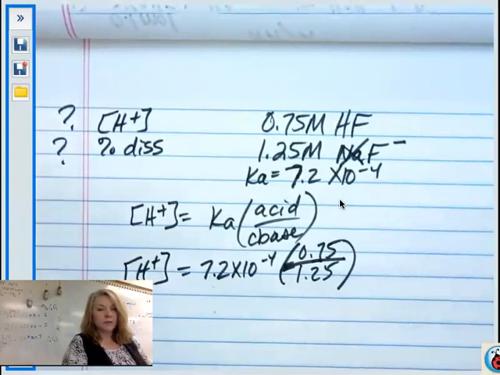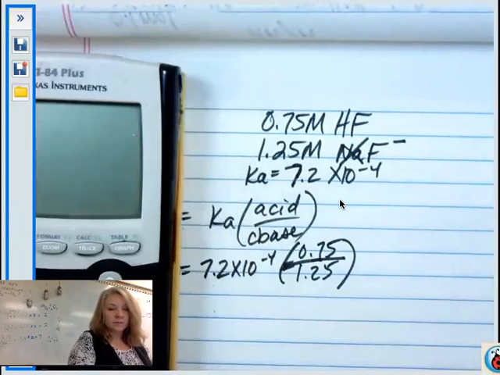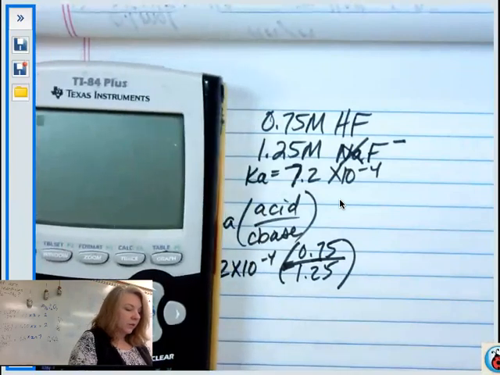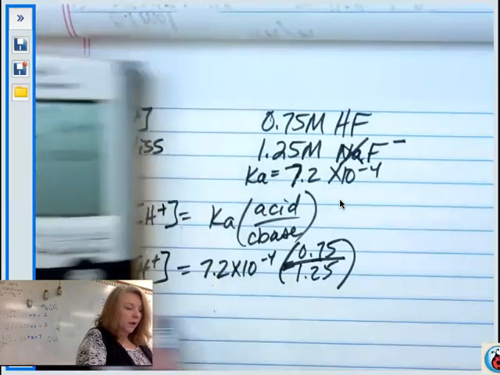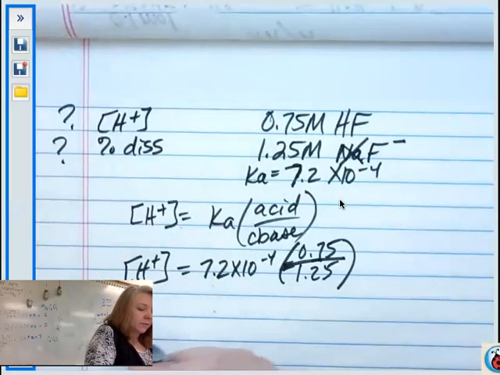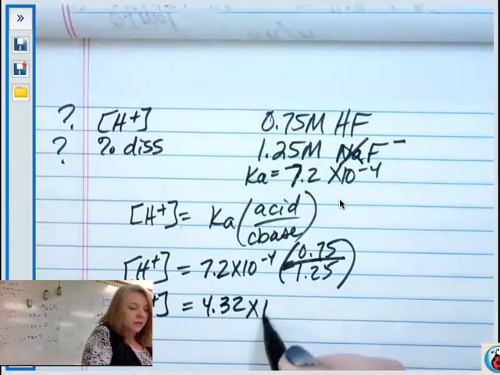This is actually a pretty straightforward question. 7.2 times 10 to the negative 4th times 0.75 divided by 1.25, and I ended up with my hydrogen ion concentration being 4.32 times 10 to the negative 4th.